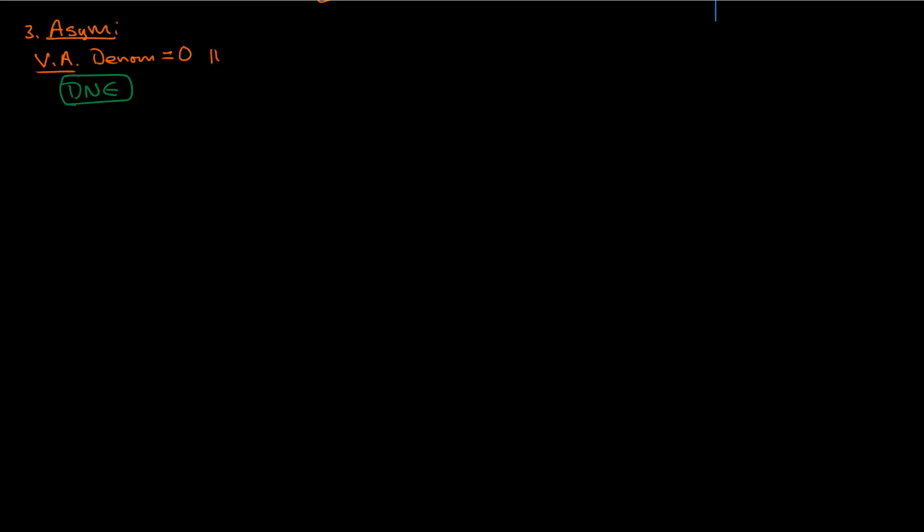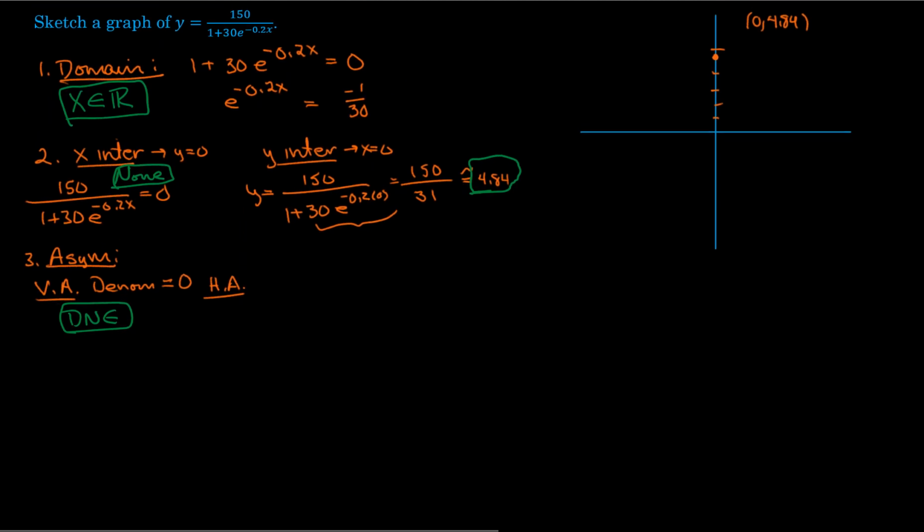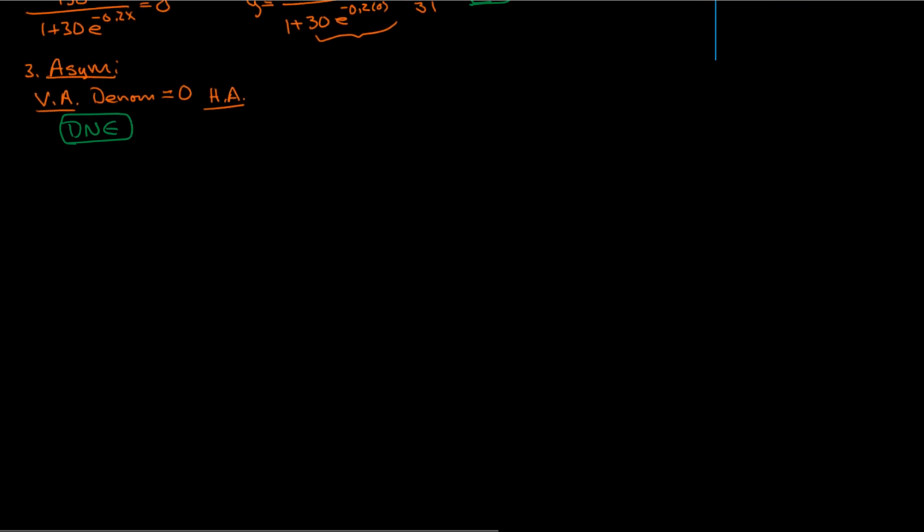So let's talk about horizontal asymptotes. Horizontal asymptotes occur when we evaluate our function at either infinity or negative infinity. So I'm going to put y is equal to the limit as x approaches infinity of 150 over 1 plus 30 e to the negative 0.2x. That gives us our first limit we need to evaluate.